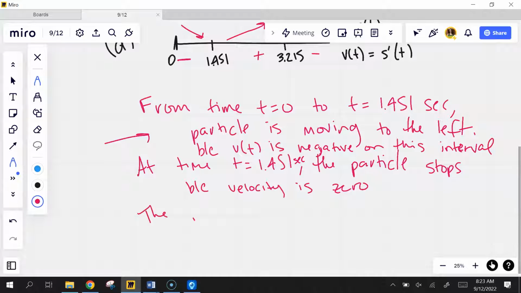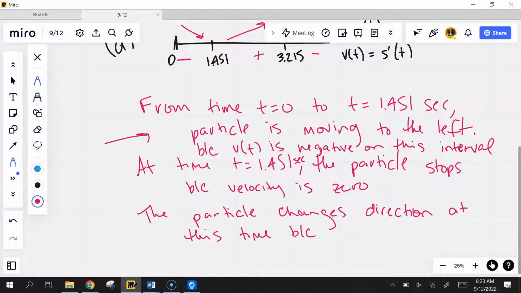The particle changes direction. You won't have one that you have to write this much, but this gets you used to whatever they might ask you. Changes direction at this time. How do I know it changes direction? There's a sign change. A sign change in what?